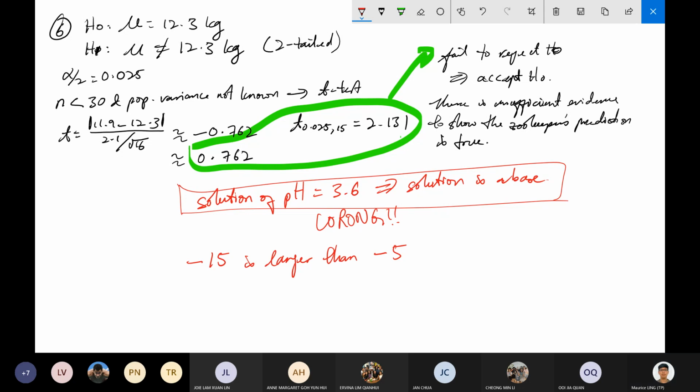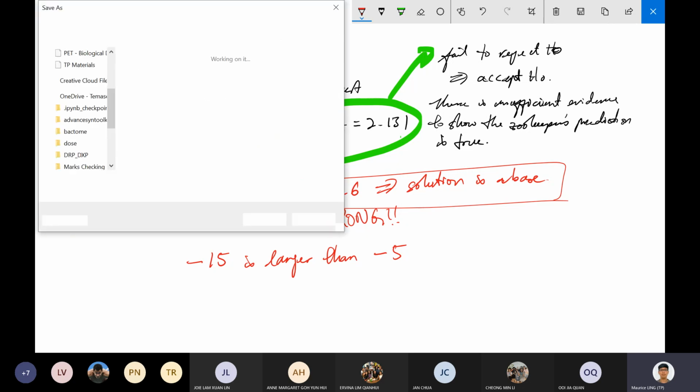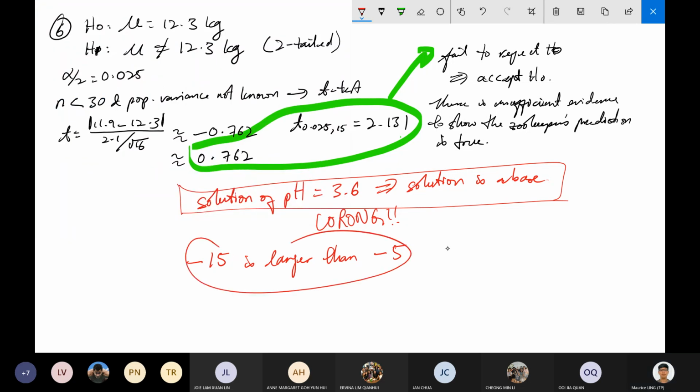I'm like, how on earth do you even pass? How do you even get through primary 6? Again, this is dead wrong, please.